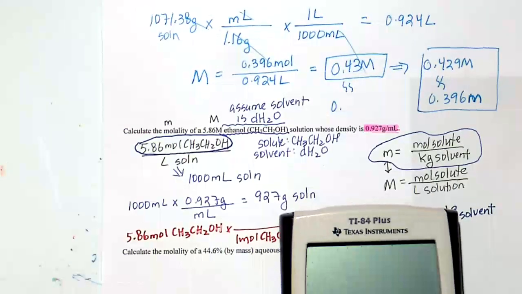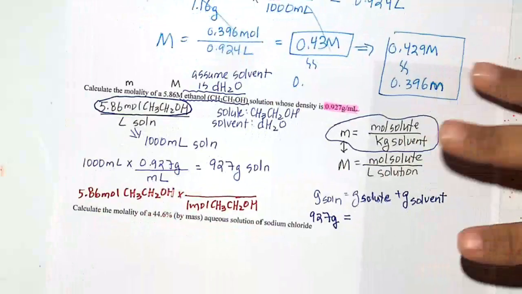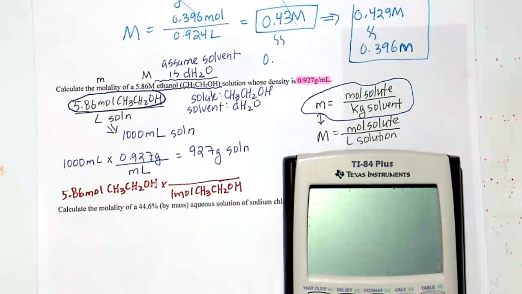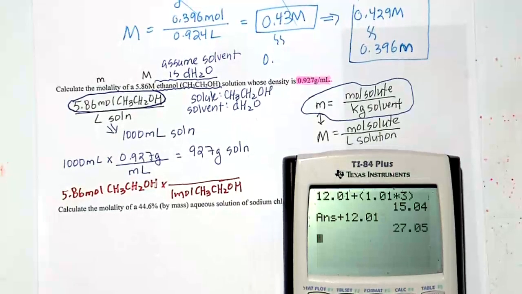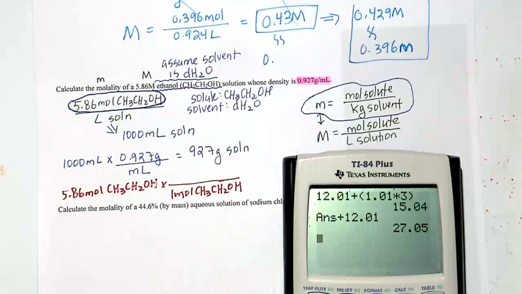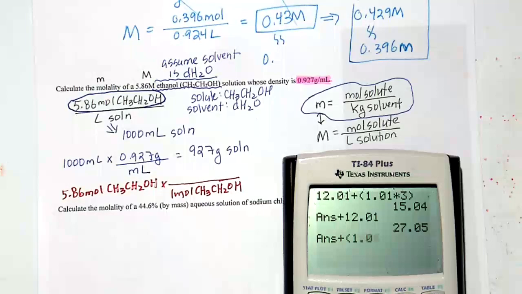So carbon is about 12.01. Hydrogen is about 1.01, but there's 3 units. Plus another carbon is another 12.01. Plus another 2 units of hydrogen, 1.01 times 2.